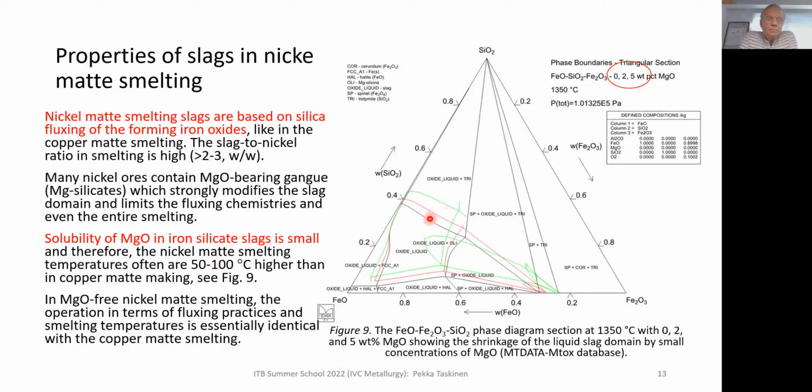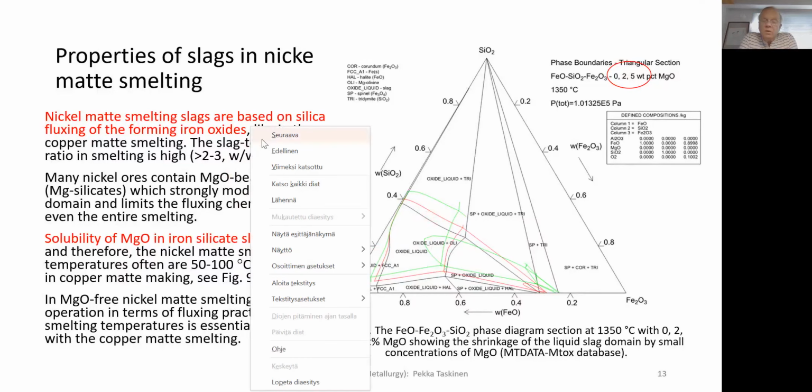And this has actually, to some degree, been solved some 25 years ago in a way I will show you a bit later.